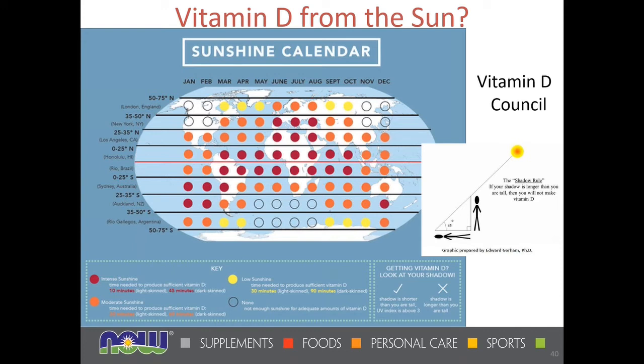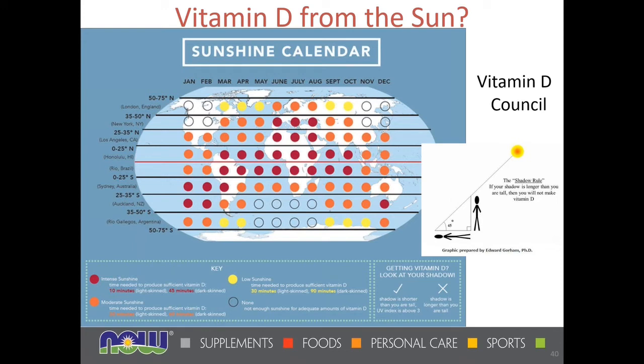And in fact, I looked it up for Chicago, where I live, and the time you can make vitamin D because the sun's at a high enough angle is only between late March and late September. And outside of that window, it's not possible to make vitamin D because the sun is too low in the sky.